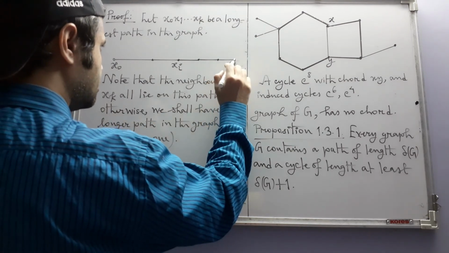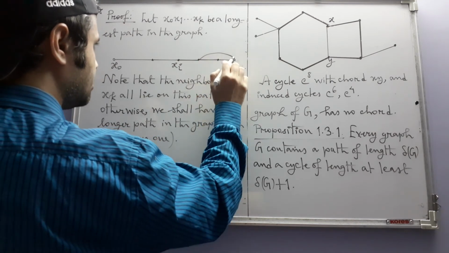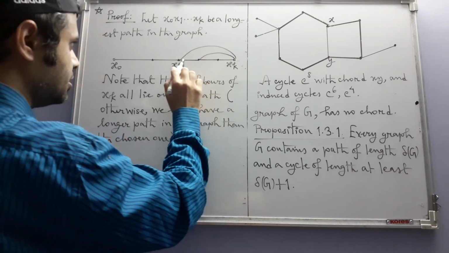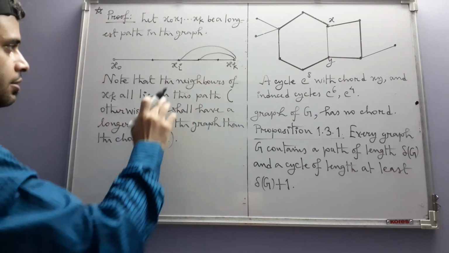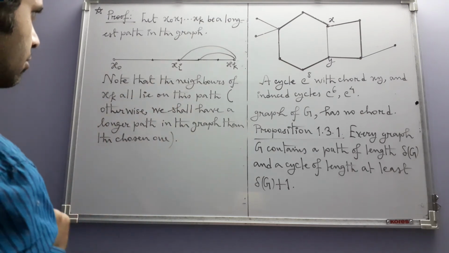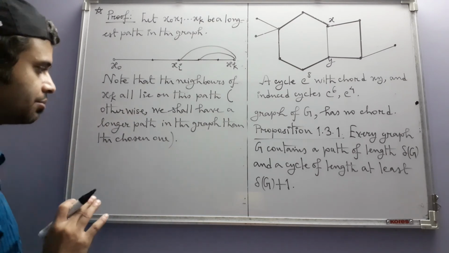Okay, so say this is one neighbor, just simply saying, and say this is also one neighbor. Keep in mind that these two vertices are not adjacent. Xi is just some vertex in between. Okay. Now, what conclusion can we draw from this situation?